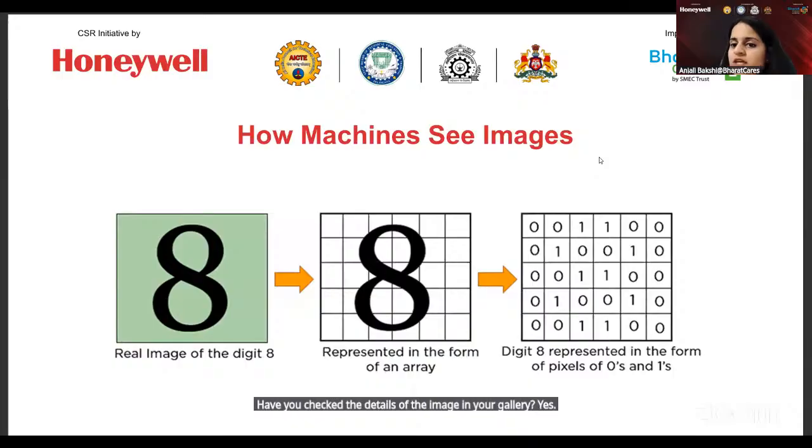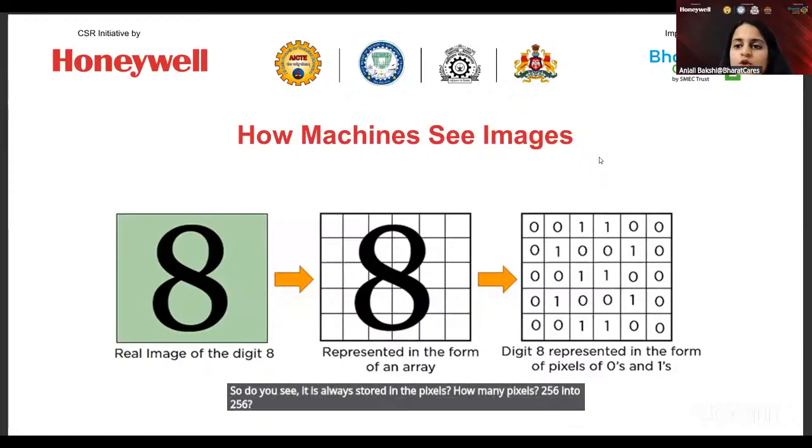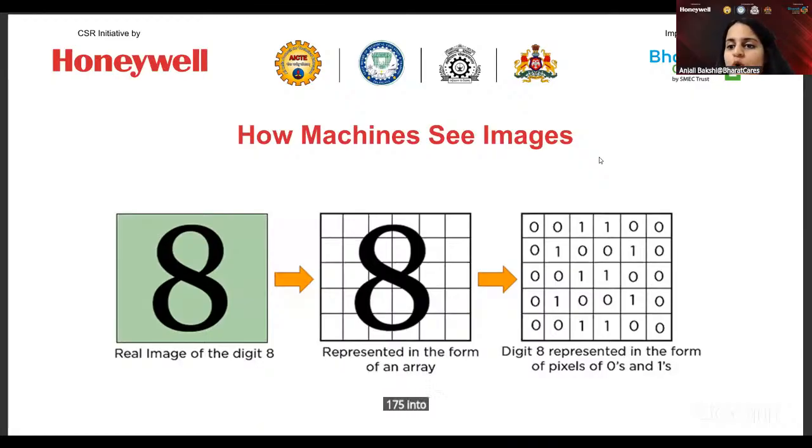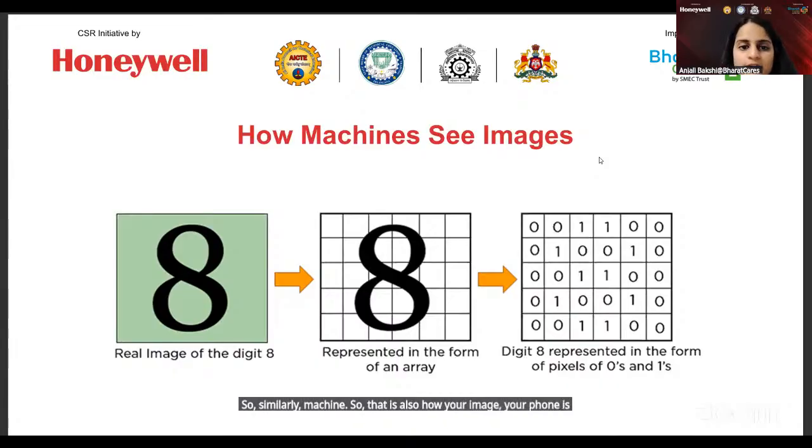Yes. So do you see it is always stored in pixels? How many pixels? 256 into 256, 175 into 300. Something is always written in the details, right? Okay, a lot of people have checked it. So that is also how your phone is remembering the image in the gallery.